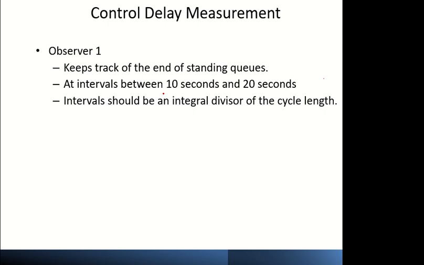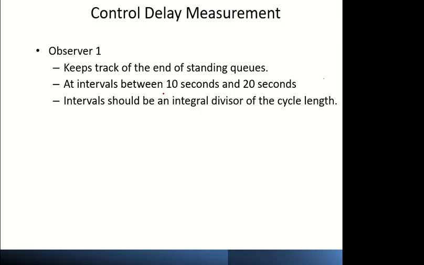For example, the cycle length is 60 seconds. If I select the time interval for this observer as 10 seconds, 60 divided by 10 will give me 6. This is an integral divisor, so 10 is allowed.